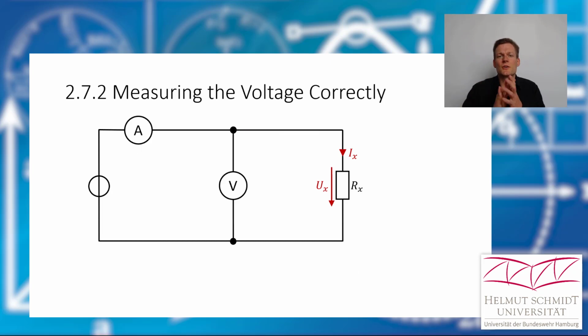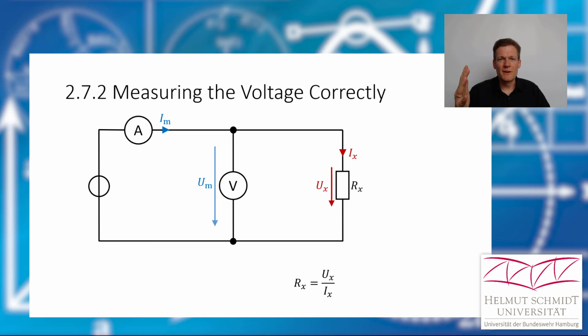We could build the circuit the other way around, so this time we measure the voltage correctly. Again, what we need is the voltage at the unknown resistor and the current, and what we measure is the voltage here. So you see the voltmeter and the unknown resistor are in parallel, so you measure exactly the voltage at the resistor. And we measure the current over here.